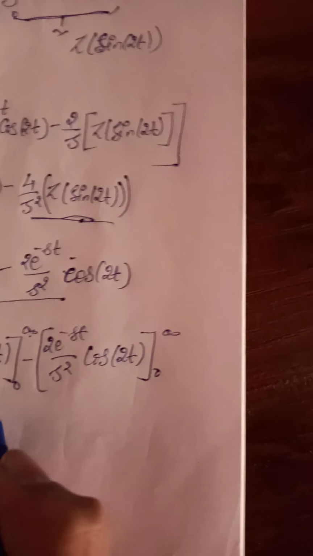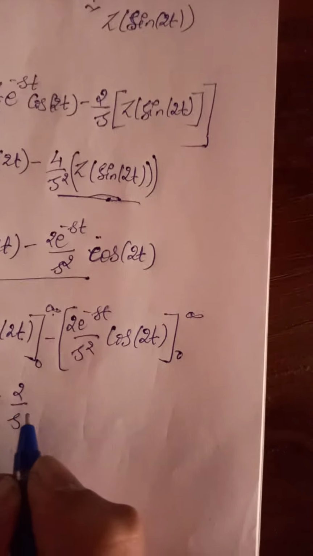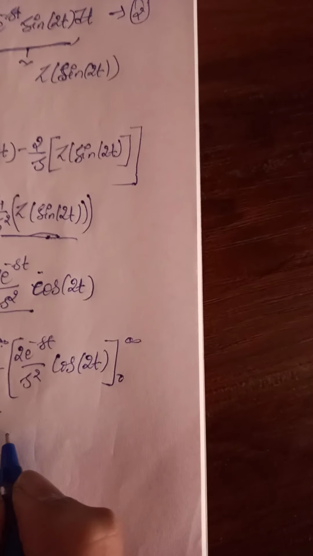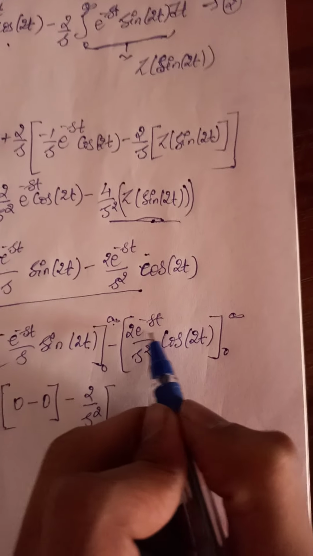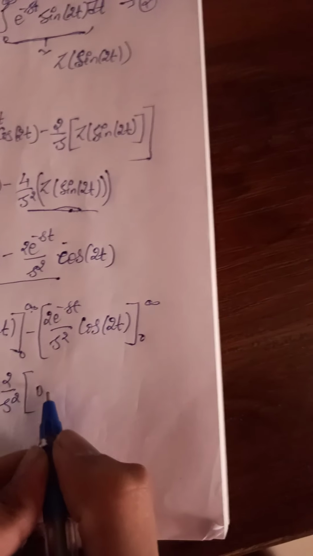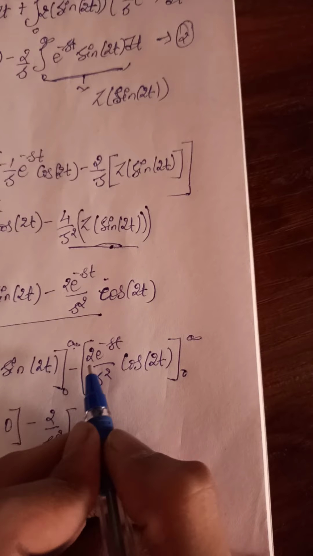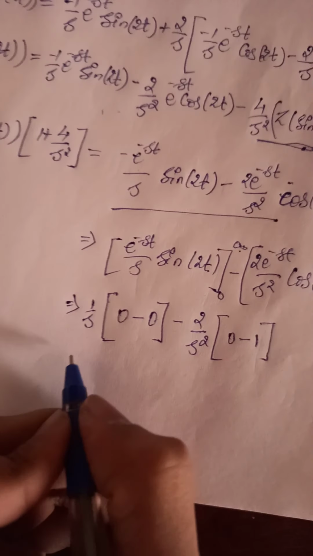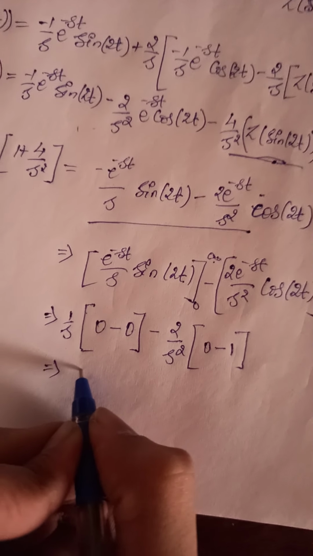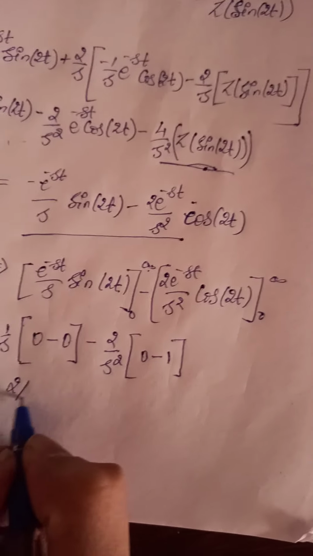Let's take 2 by s square common outside here, and then applying infinity is going to give this term as 0. Applying 0 will give this term as 1, and cos 0 as 1. We will get the answer as plus 2 by s square.